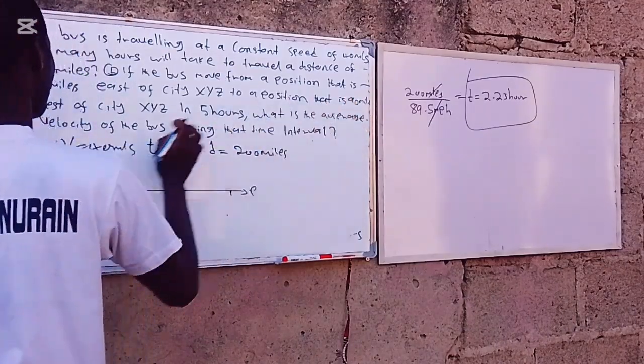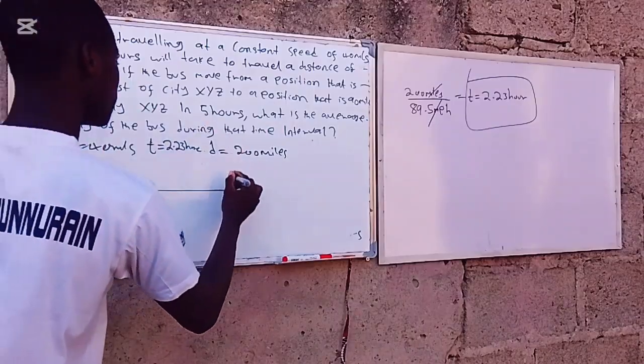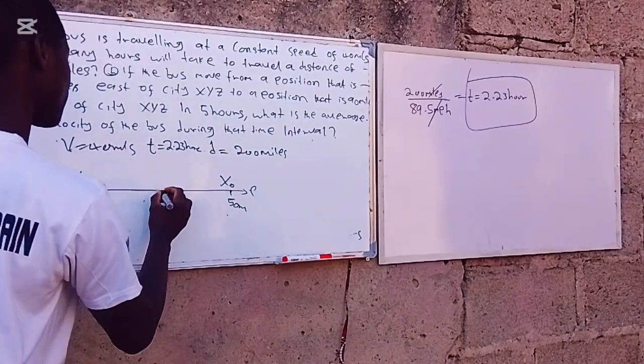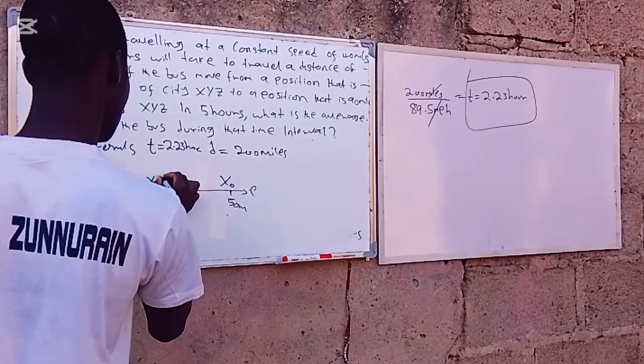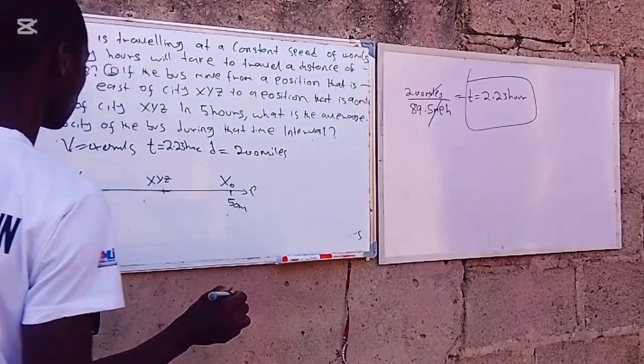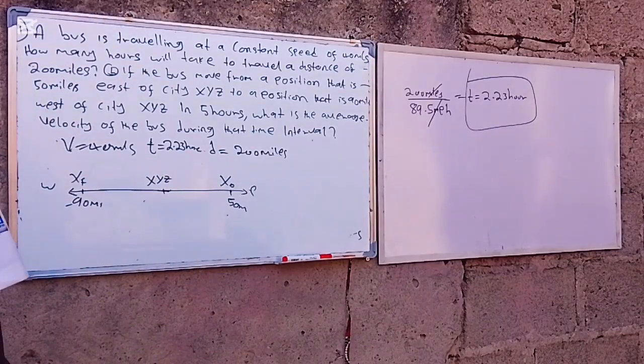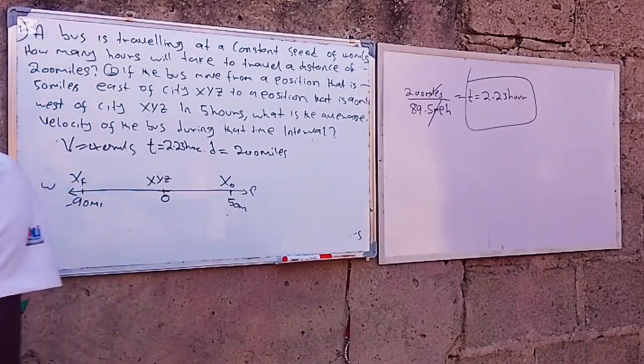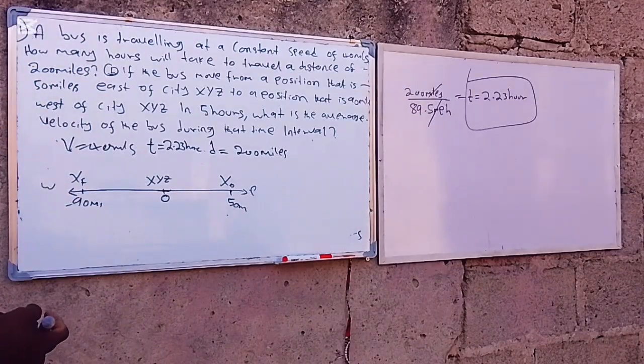So we have the west here and the east, and let's say this is 50 miles, which is the x initial. We have x, y, and z, and this should now be 0 at the center of x, y, and z.